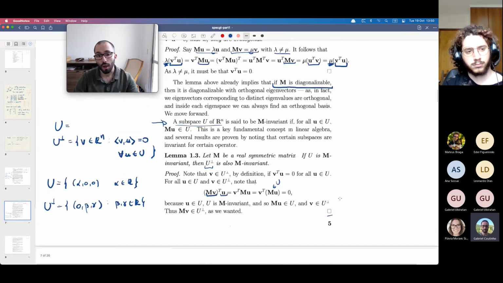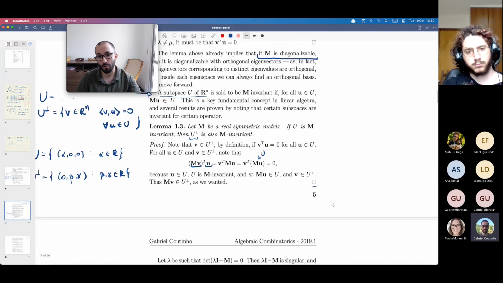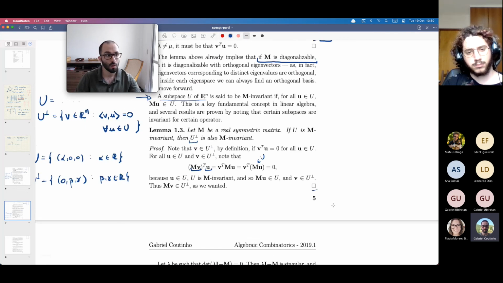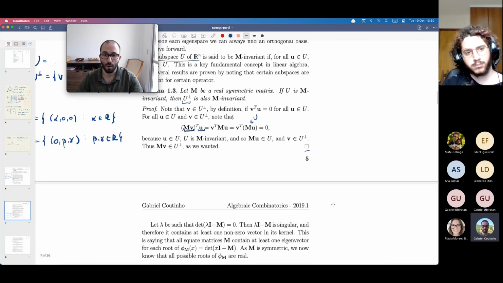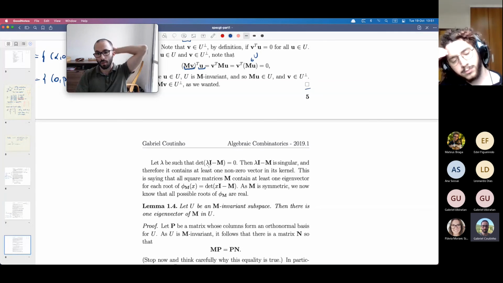So now I get to the difficult part here, which is to show that M has eigenvalues. And if I show that M has eigenvalues, I can then apply this lemma over and over and over, a sort of induction, and slowly and surely decompose my space into M invariant subspaces, and all of these are going to be the eigenspaces of M. So let lambda be an eigenvalue, so something so that the determinant of lambda I minus M is equal to 0.